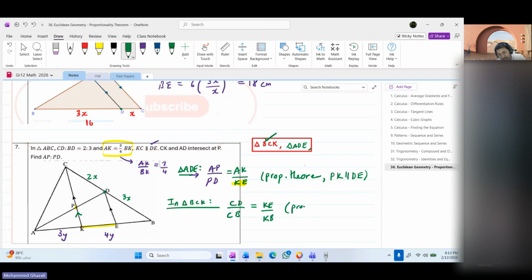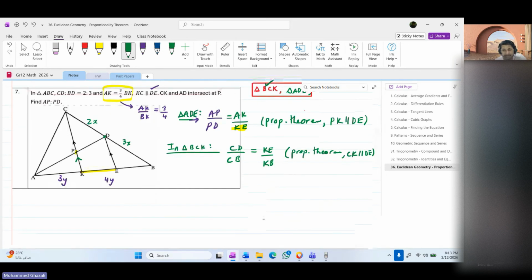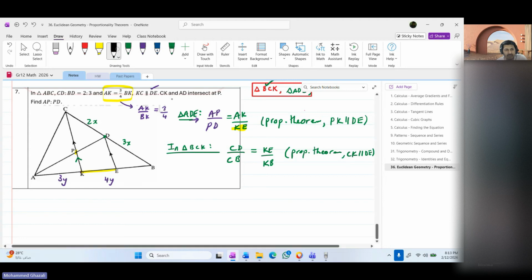And that's also a prop theorem, but a different pair of parallel lines. Prop theorem because CK is also parallel to DE, okay? Now, we can solve this problem because we are finding KE. If I can find EK, we are sorted.